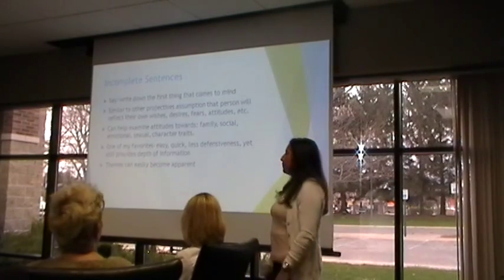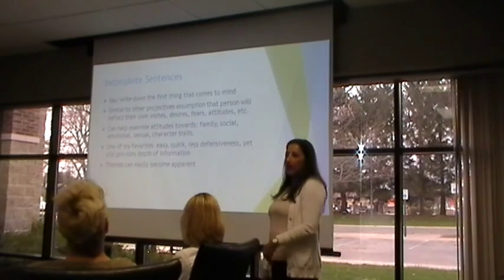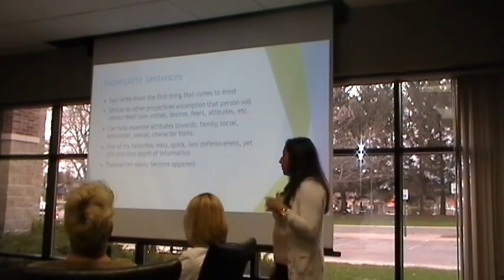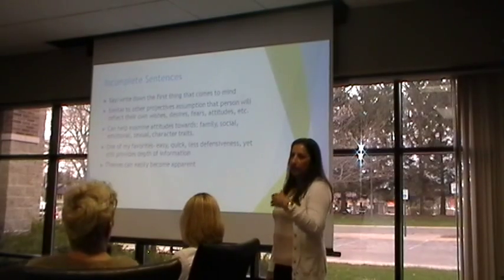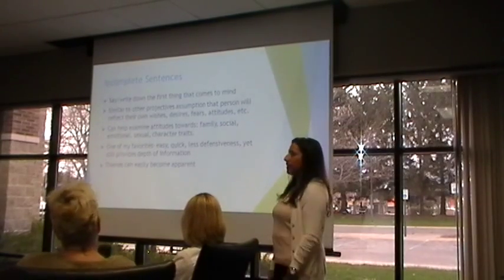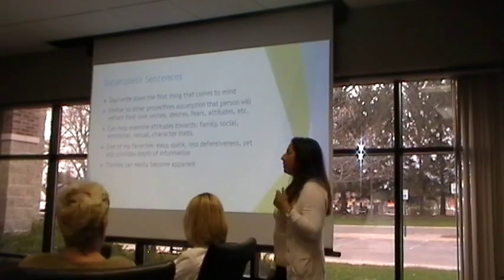Depending on the version that you use, it can help you examine attitudes towards family, perhaps social, emotional, sexual stuff, character traits. There's a children version, there's an adult version, and some have 40 questions, some have 20. You can pick and choose different sentences, and I'll upload some versions to the drive so you have access to those.